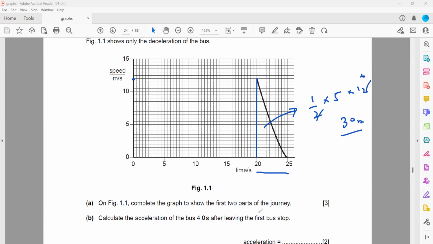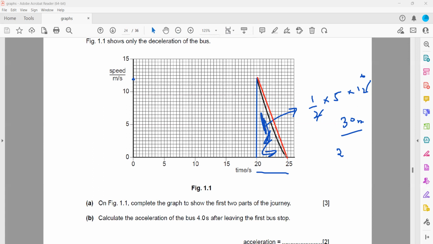30 meter, if it is exact. But because it is not making a perfect triangle, any value less than 30 is acceptable. You just have to estimate. When you calculate, you get 30, but the actual triangle should be like this, and this triangle has a small area.